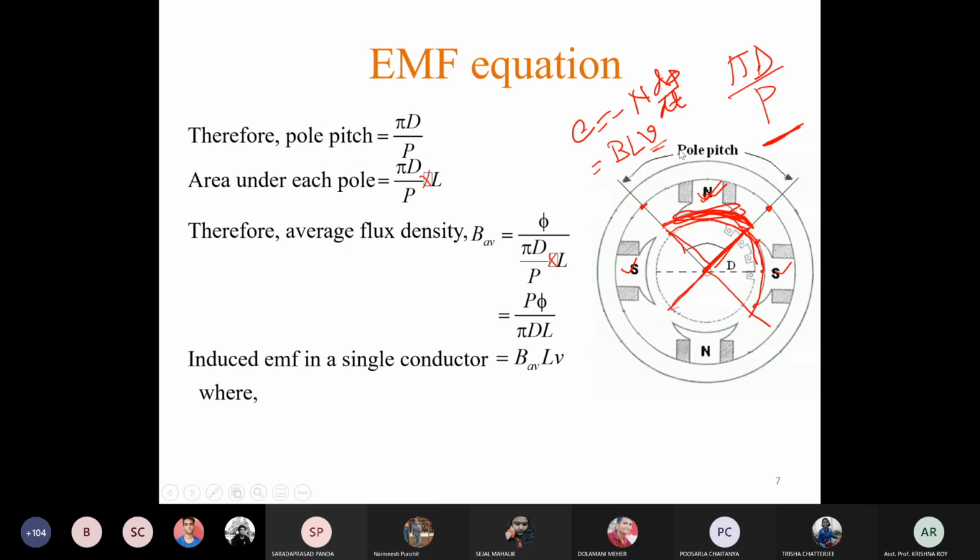V is the linear velocity of the conductor, which can be written as pi d n. How can we write this V equals pi d n? Any idea? What is the relation between angular velocity and linear velocity?